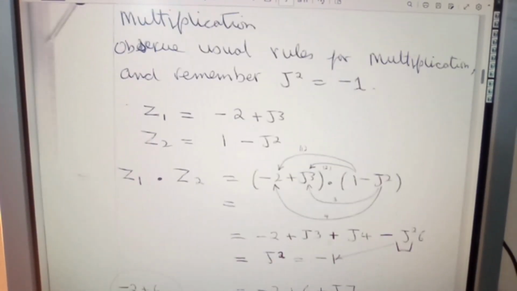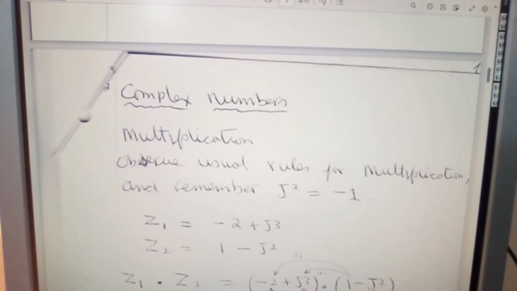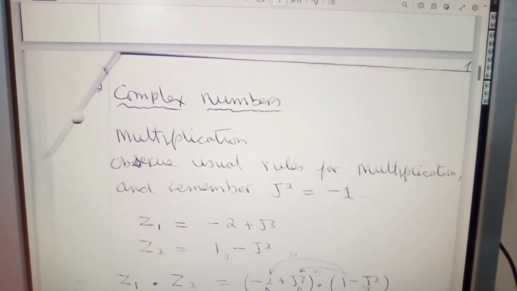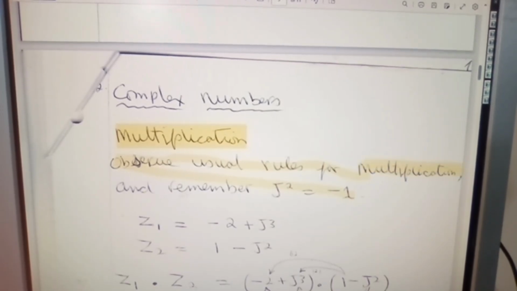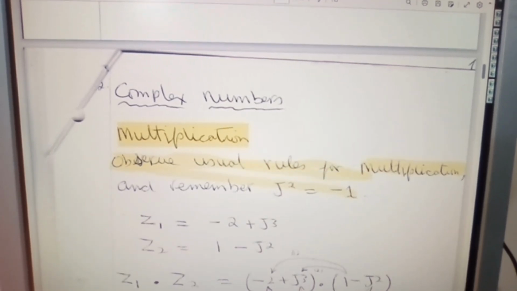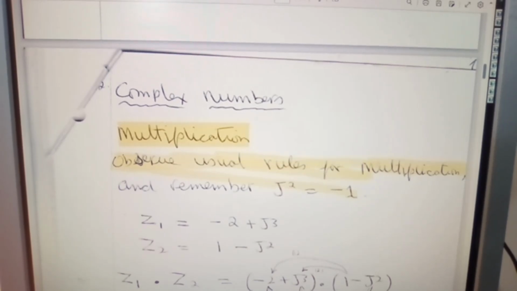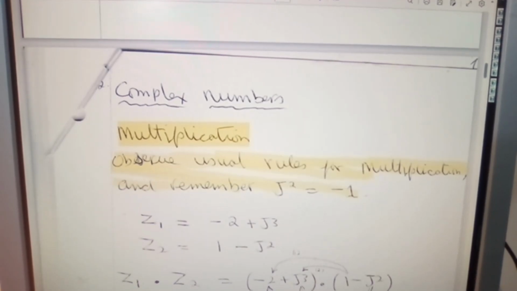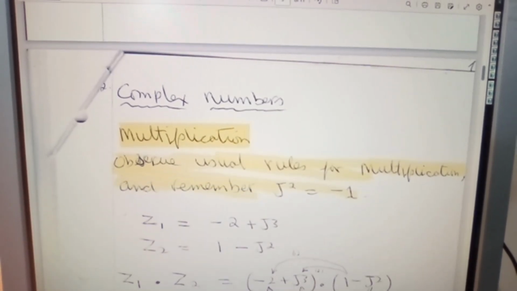And here we're still looking at complex numbers. And remember that j squared equals minus 1.